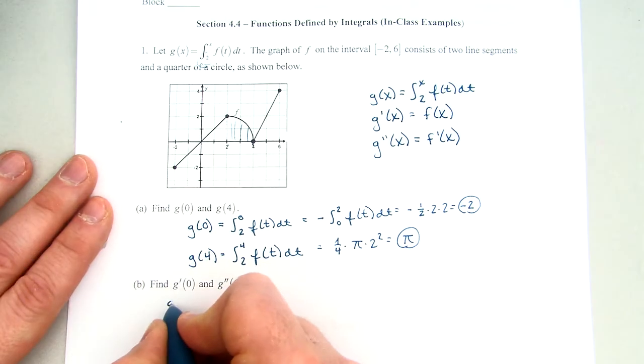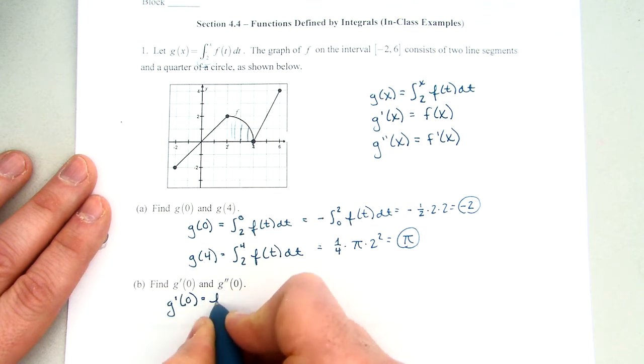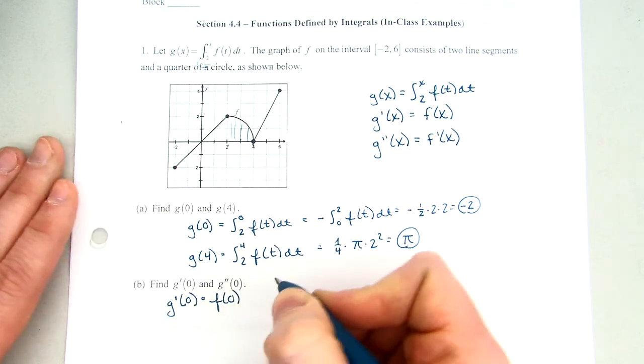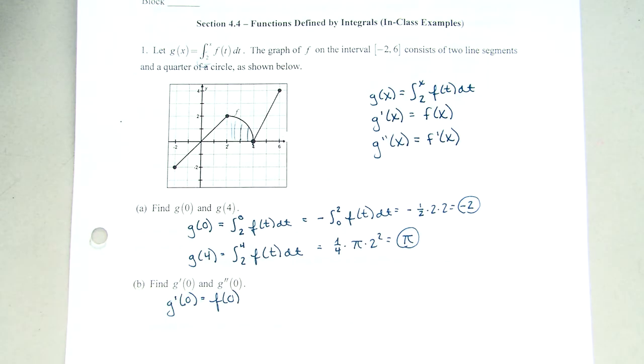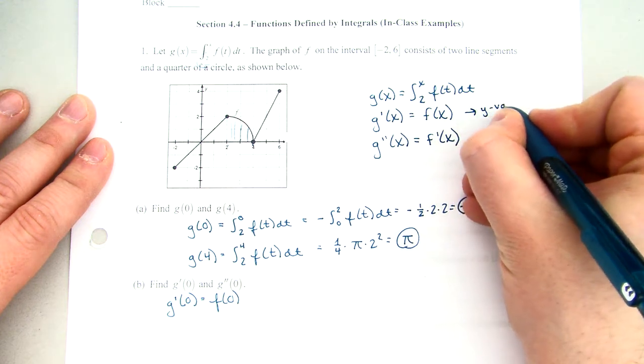If I want to find g prime of 0, g prime of 0 equals f of 0. What does that mean? How would I find f of 0 from that graph? The y values. F of x, those are the y values on the graph of f.